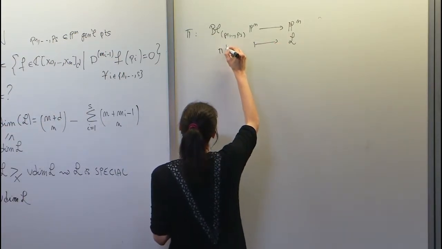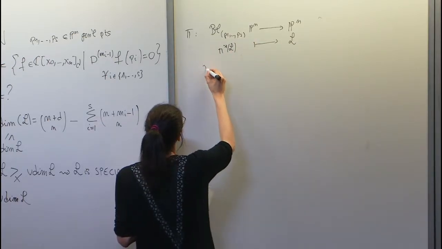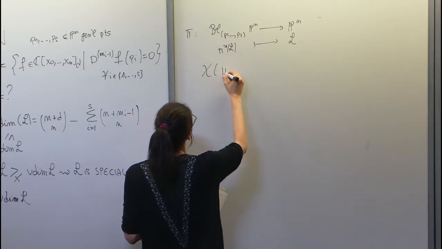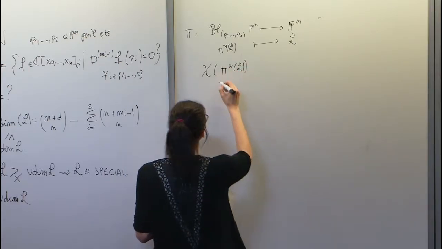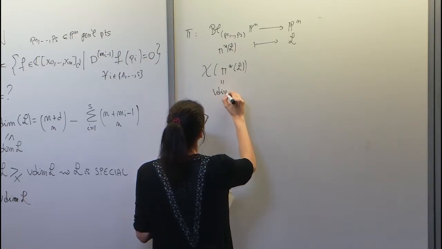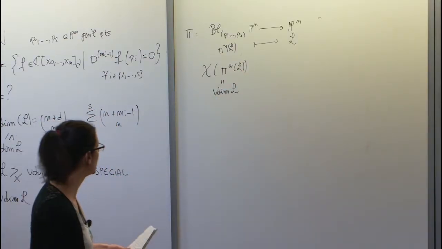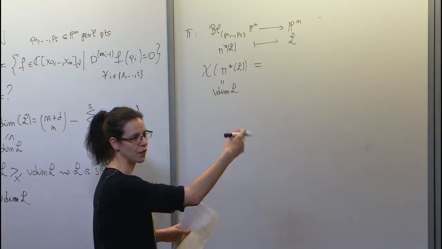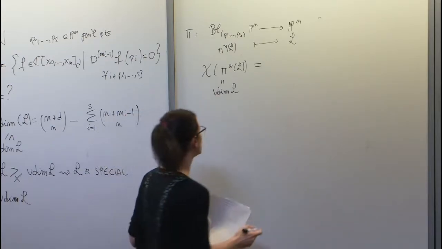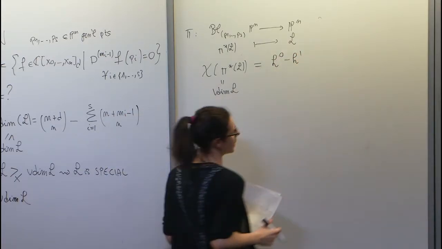So I take the strict transform of the element inside there, and it turns out that the Euler characteristic of this is actually equal to the virtual dimension. One can prove that it is exactly that number. It's not very difficult. One can also prove that this is the alternating sum of the dimensions of the cohomology groups, but only H0 and H1 are important.